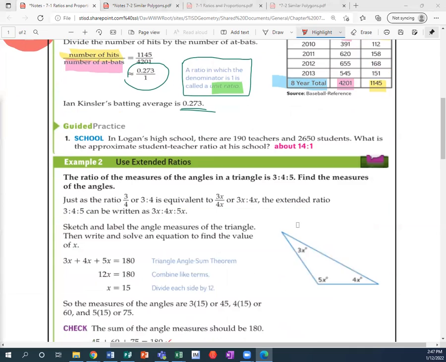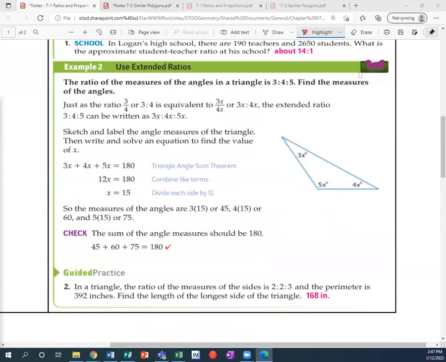All right. Now, where this ratio thing gets challenging is example number 2. And example number 2 is what you need to handle skills practice questions 12 through 15, so the bottom of your skill practice page. It's what's called extended ratios.